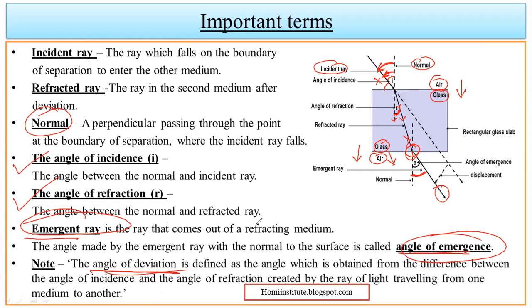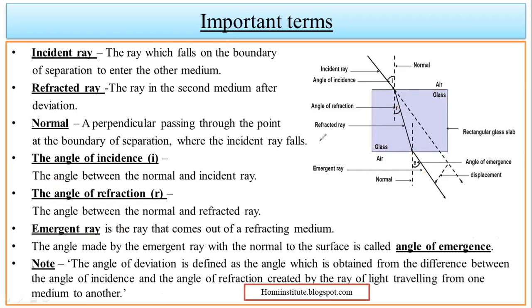So remember students, angle of deviation is not given in your class syllabus right now, but I will give you a little bit of hints of that one. What is angle of deviation? Angle of deviation is the angle between the actual path of the light ray and the refracted light ray. So see, for this incident ray, over here it has to travel through here.